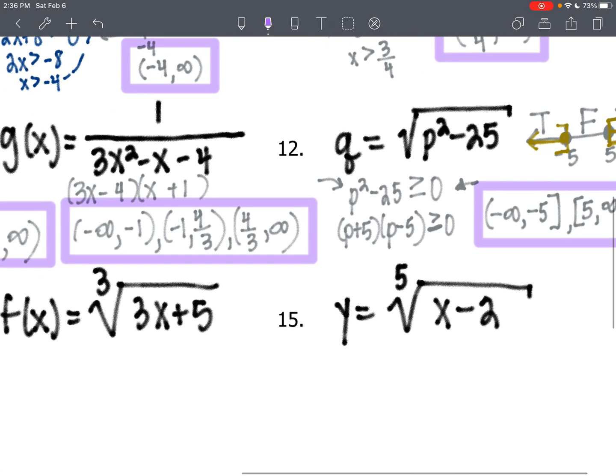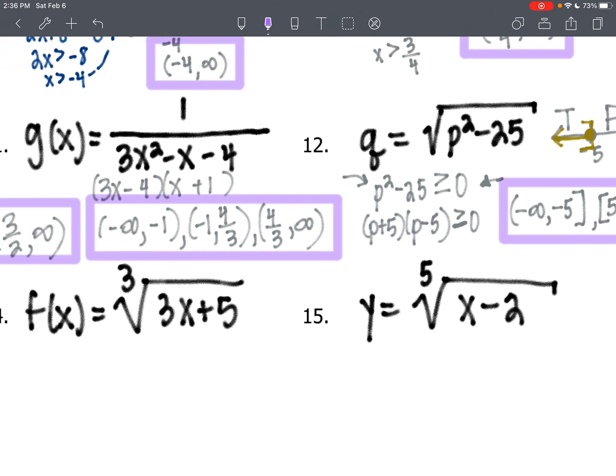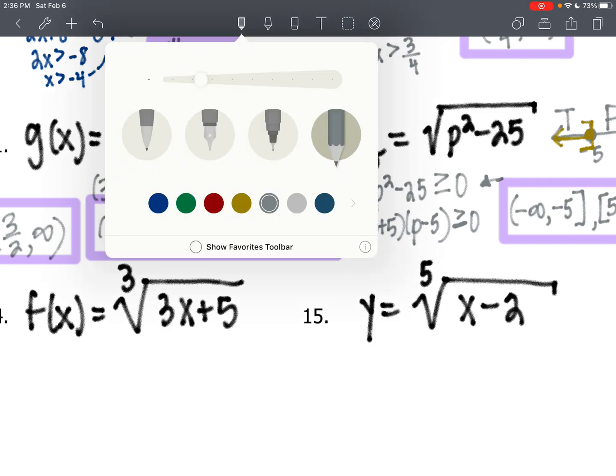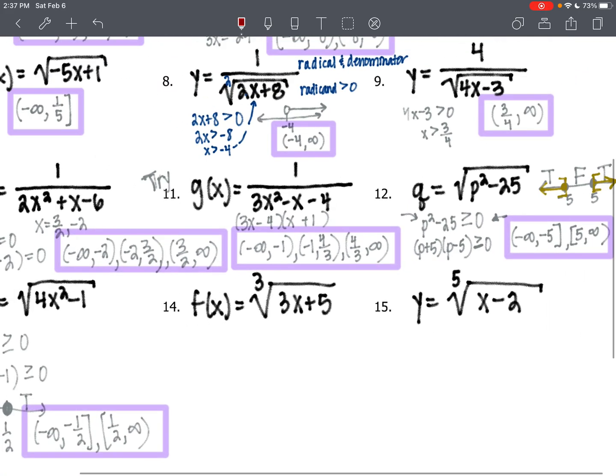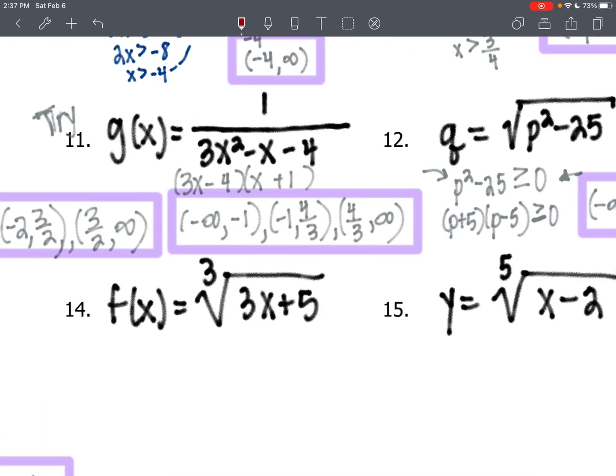And our last two, remember, we're looking at radicals and denominators, and when we're looking at radicals, we're looking at even root radicals. Number 14 is not an even root. So this is an odd index of 3. Therefore, the radicand can be positive or negative.